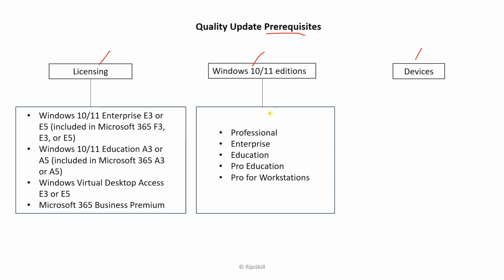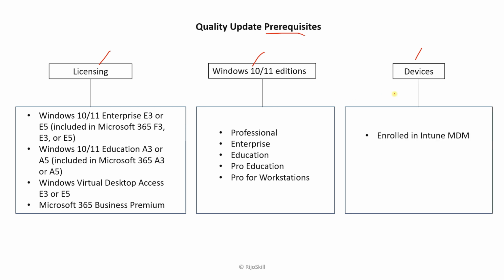Next we will check what the devices need for connectivity. They must be enrolled in Microsoft Intune MDM, and can be Microsoft Entra joined or Microsoft Entra hybrid joined devices. MDM-enrolled, Entra joined and Entra hybrid joined devices support the quality update.